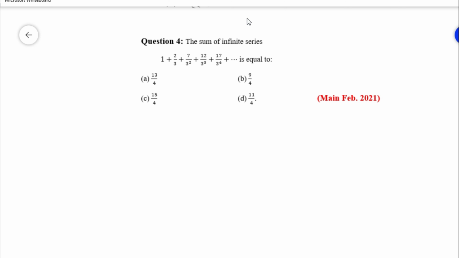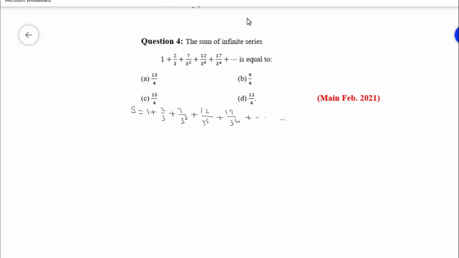ये हम लेकर चलते हैं. मान लीजिए इनका सम s, सपोज s इक्वल टू 1 प्लस 2/3 प्लस 7/3 स्क्वायर प्लस 12/3 क्यूब प्लस 17/3 की पावर 4 प्लस एंड सो ऑन अप टू इंफिनिटी.